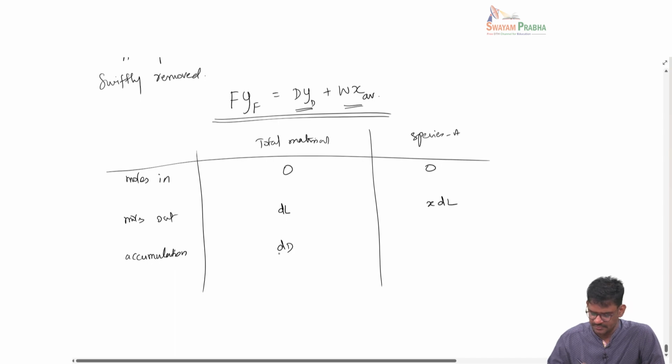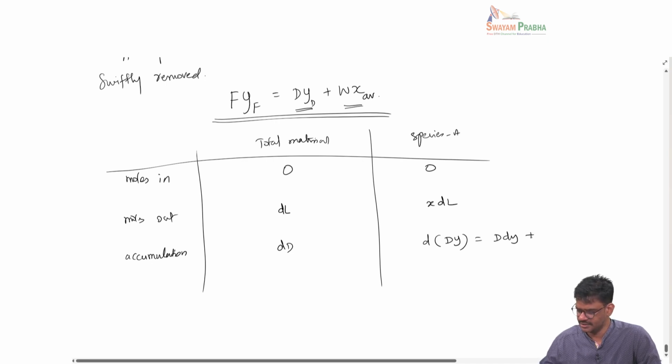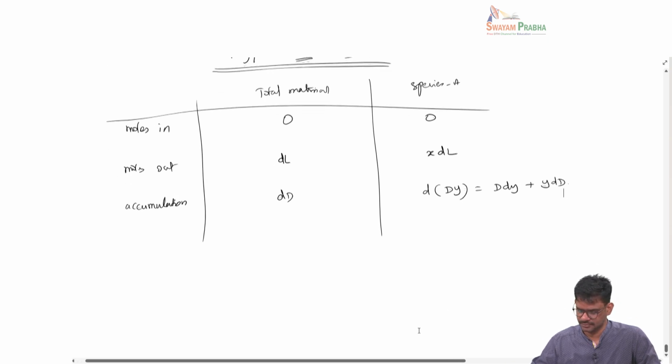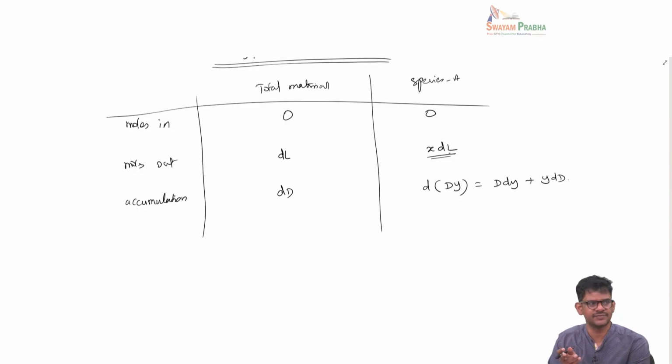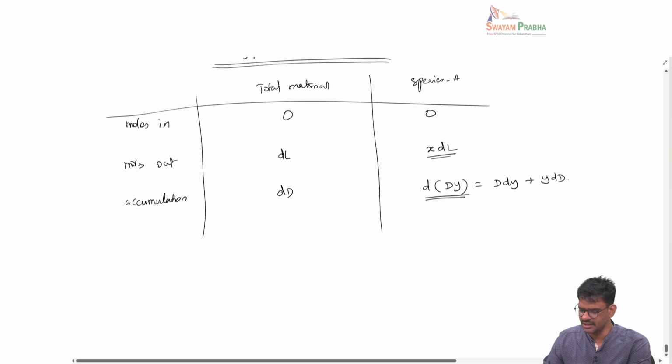Accumulation is dD, and here you have d of Dy, which is nothing but D dy plus y dD. The moment the first drop of liquid is formed, it would have x times dL amount of A that is out of the system, that is gone. Now the vapor would have undergone change in the composition as well as in the total moles. That's why I am writing d of Dy.